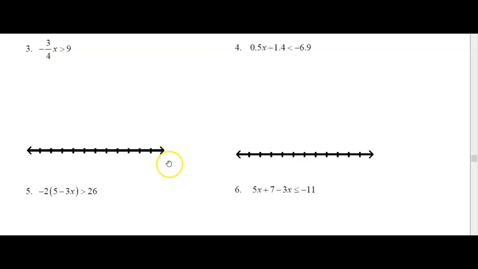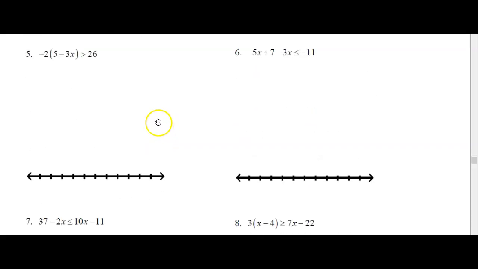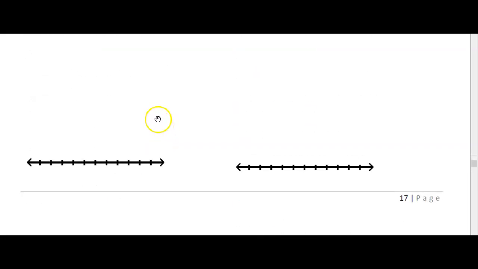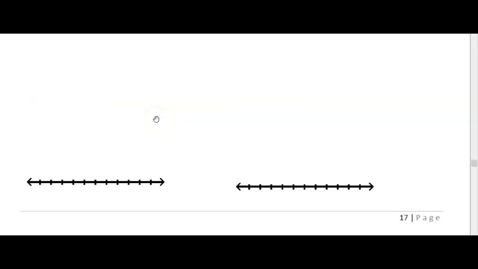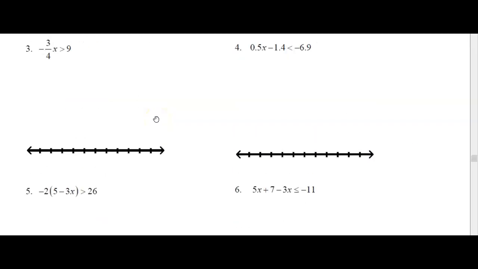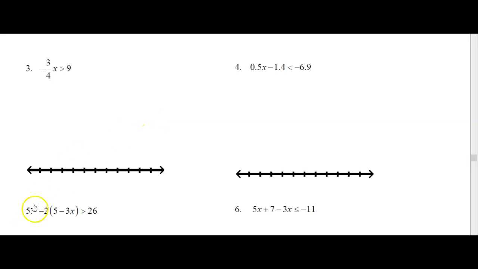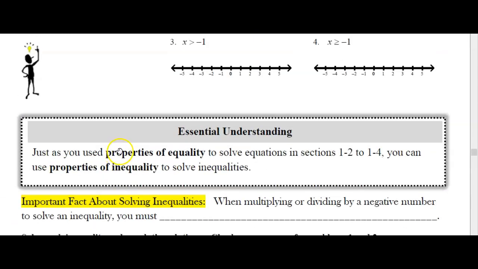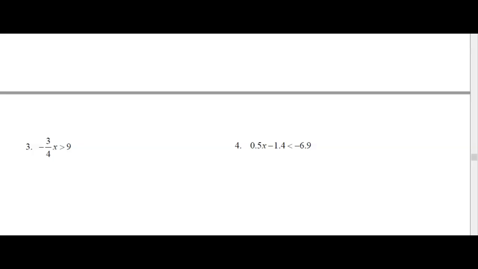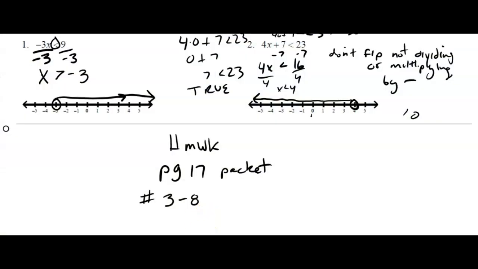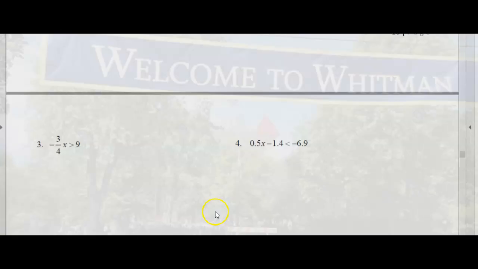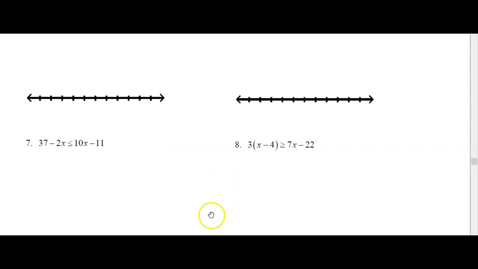So copy them down or screenshot them or whatever you need to do, and then sketch the graph with it. Okay, so page 17, 3 through 8 is your assignment. Where'd it go? Back over here. And there we go. 3 through 8.